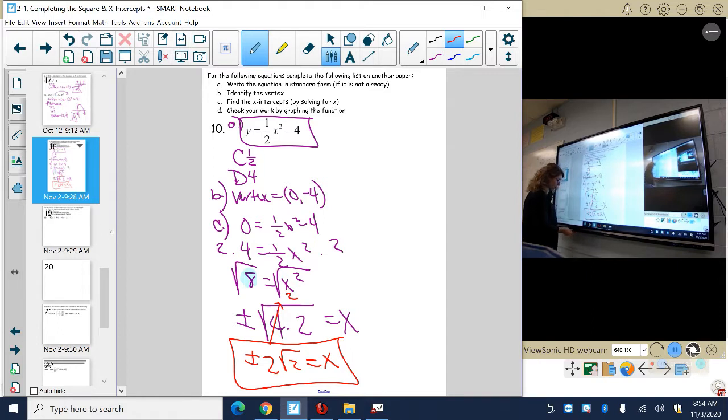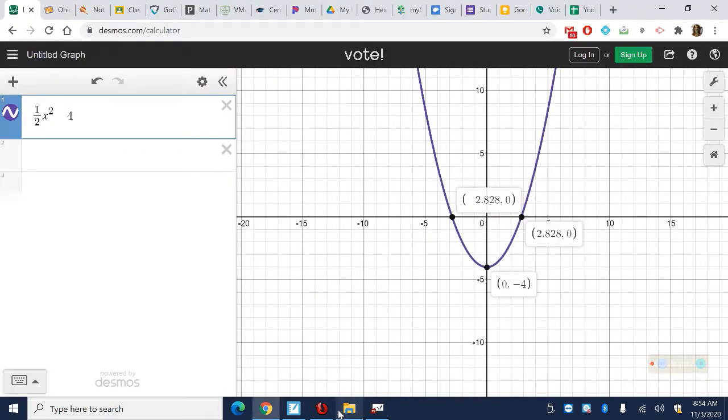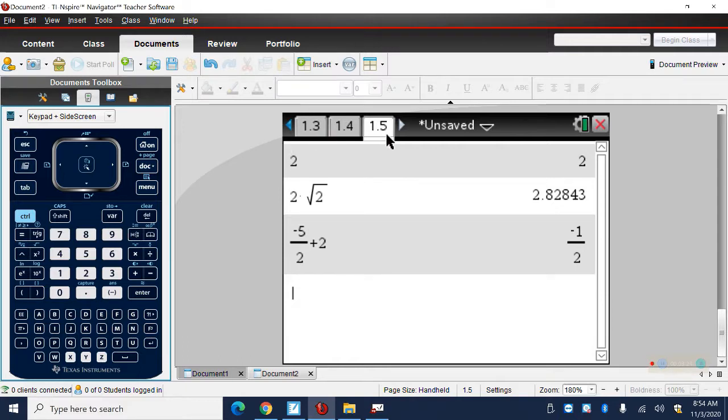Now I'm going to show you how to check this graphically. I'm going to show you this on Desmos, because Desmos is really easy. If we do the graphing calculator, I'm going to actually get a new document.